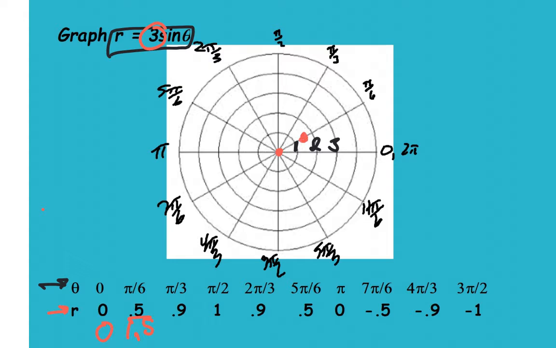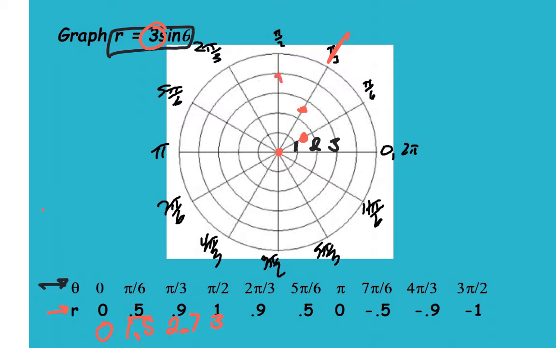And at pi over 3, 0.9 times 3 would be 2.7. 2.7 about here. Remember, I'm at pi over 3, okay? And then at pi over 2, 1 times 3 is 3.